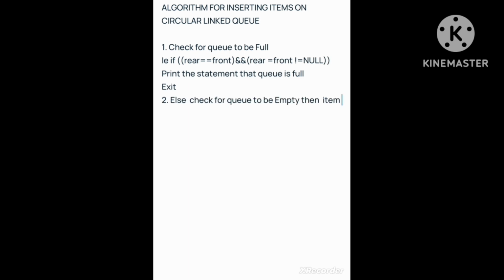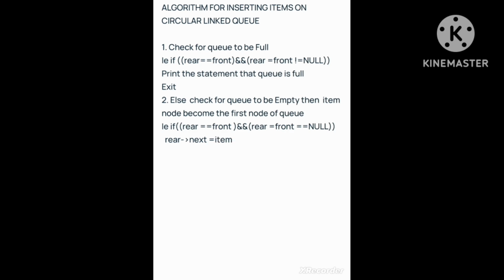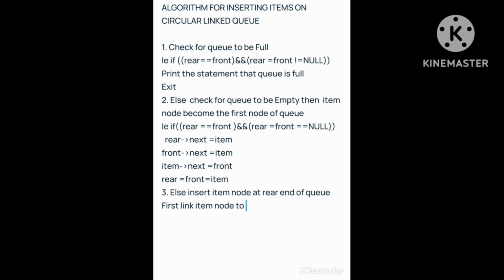Else, we will check for the queue to be empty. So our node will become the first node of the queue and we will point the rear and front pointer to the item node, and we will link the rear pointer to the front pointer to form the circular queue. Else we have to insert our item node at the rear end of the queue.